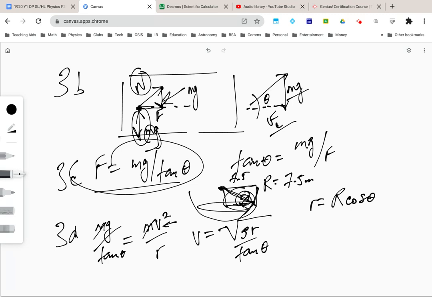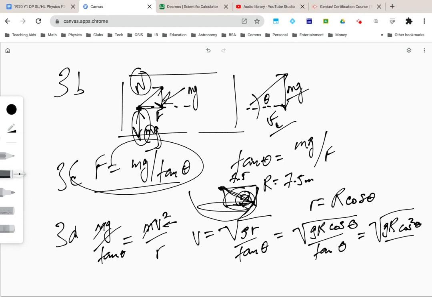Putting that in here, V is now equal to the square root of g big R cosine theta over tan theta. And since tan theta is sine over cosine, and it's on the bottom, this can also be written as the square root of g R cosine squared theta over sine theta.